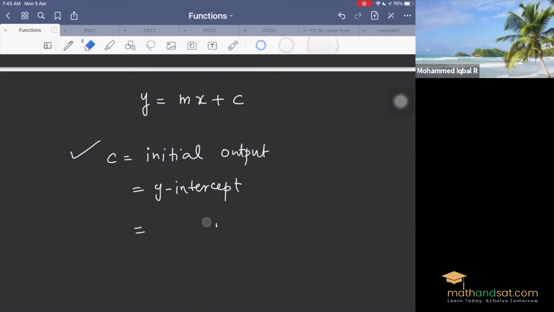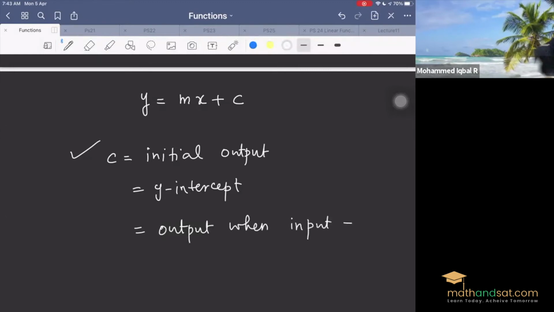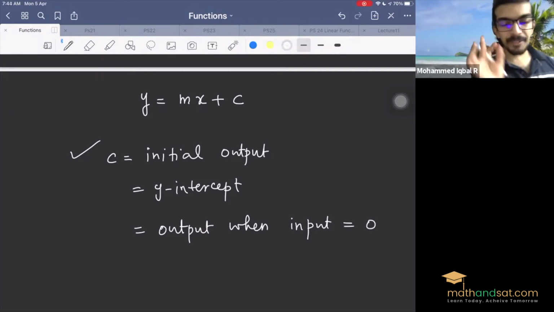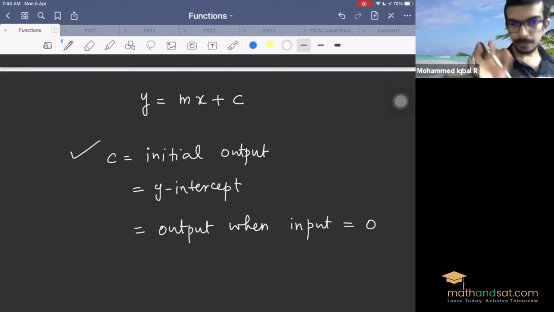It's the output when the input is equal to 0. That is the significance of the number c.